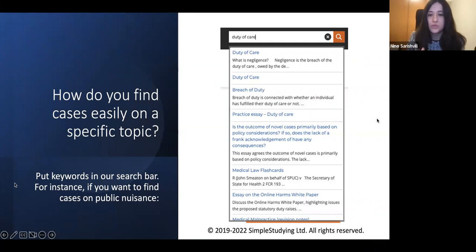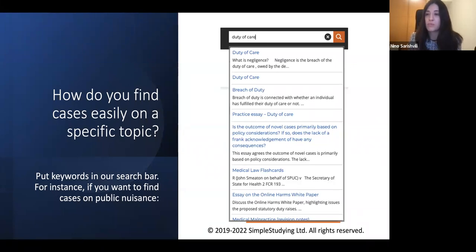Now, I'd like to show you how you should do your legal research on our website. This tool makes it a lot easier for you to find the information you're looking for. You could use our search bar at the top of the website to find cases as well as notes on a particular topic. You just have to choose a keyword that you need information about.